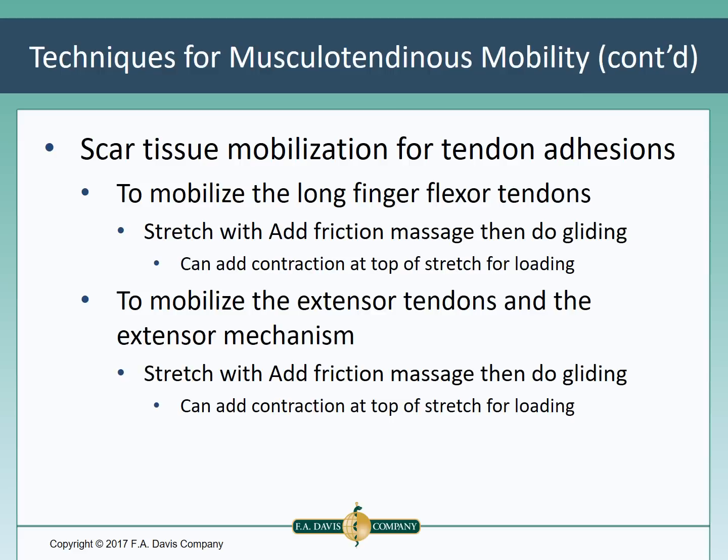So if you have an extensor lag of 10 degrees, you work on the adhesion stretch, and you get an extensor lag of 15 degrees, you've made them worse. So we do not want to stretch, but we may still do the friction massage instead. Sometimes if we put them in that stretch position and do the friction massage, we don't get the adhesion to move; we get the distal portion of that sheath. If that's the case, you take the stretch out and you still do the friction massage to try to break up that adhesion.